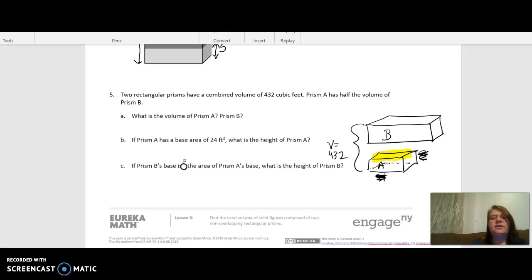It's the flat surface. So if it's saying that the prism A's base is 24 feet squared, that's the area of that part. It would be the same on the bottom as it is on the top, right? Because they're the same, okay? And then prism B's base is 2/3 the area of prism A.